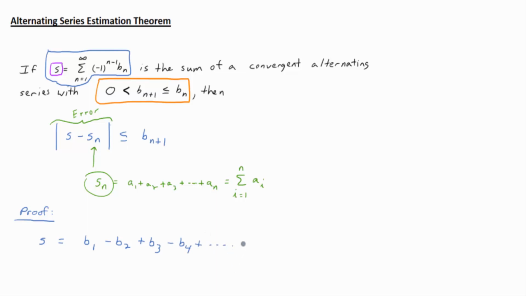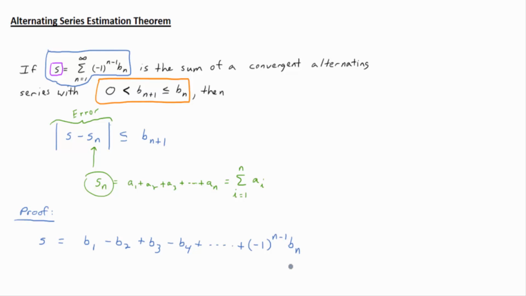Now, depending on n, we don't know if the nth term is positive or negative, do we? So we have to include the negative 1 to the power in the nth term. So it would be plus negative 1 to the n minus 1 bn. That's actually Sn.